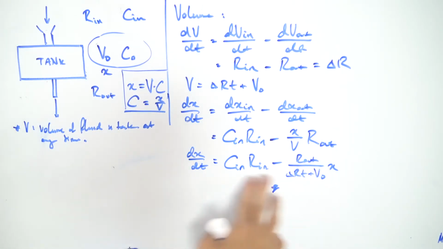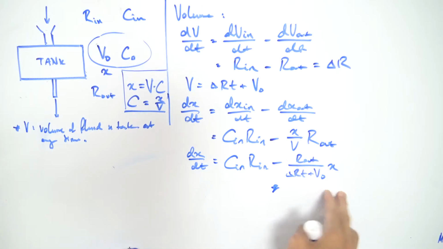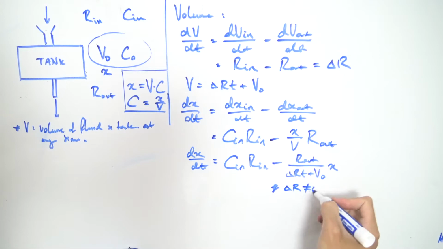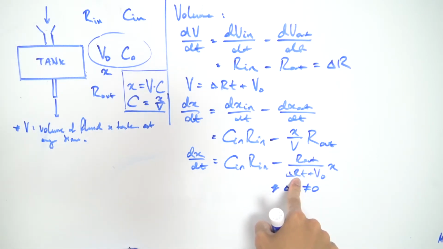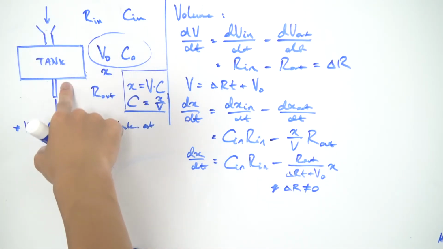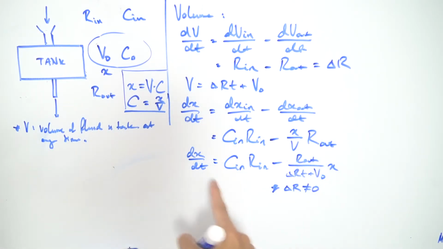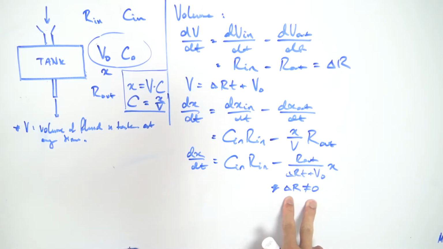Notice that in order for this to be a first order linear differential equation, we need the condition that delta R is non-zero, because if this thing is zero, so if the rate of inflow matches with the rate of outflow, which means delta R is zero, that means we don't have a first order linear differential equation, and we can just solve this thing using separation of variables or something like that. So we're going to assume now that delta R is not equal to zero, and then after we find the generalized solution to this thing, we're going to consider this case as well.